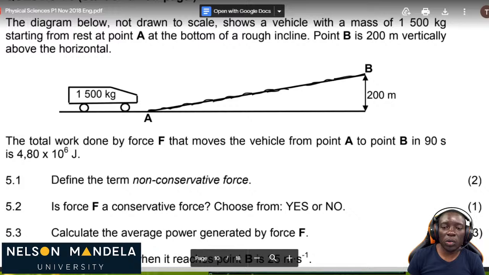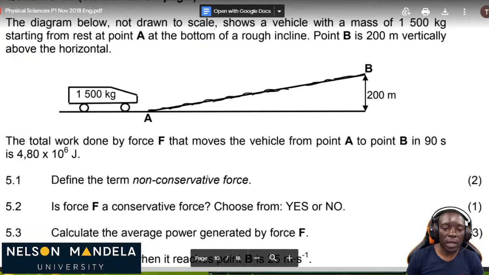Point B is 200 meters vertically above the horizontal. The total work done by force F that moves the vehicle from point A to point B in 90 seconds is 4.80 times 10 to the 6 joules.